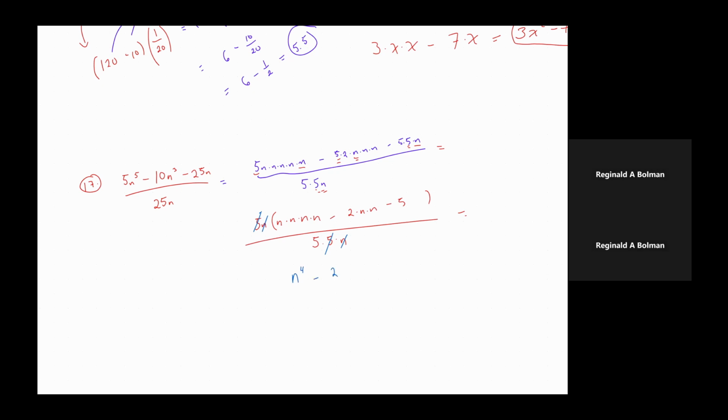All of this will be multiplied by 1 because 5n divided by 5n just gives you 1 all over 5, and 1 times anything is just that something. So you can even, when you get comfortable with this, skip this step. You'll just have n to the fourth minus 2n squared minus 5 all over 5, and that's your answer.